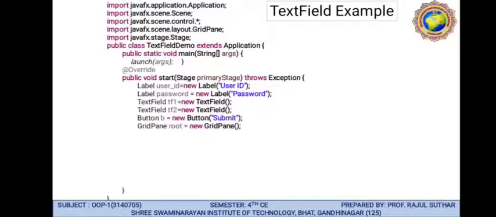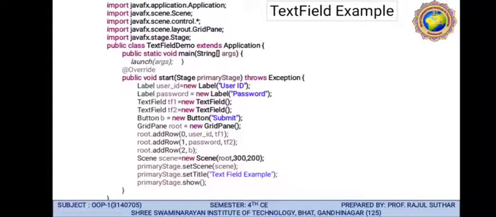GridPane root is equal to new GridPane, and root.addRow(0, userID, tf1), root.addRow(1, password, tf2), and root.addRow for the submit button. We can add as many rows as required.